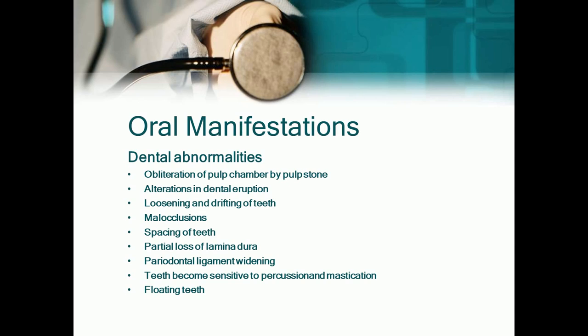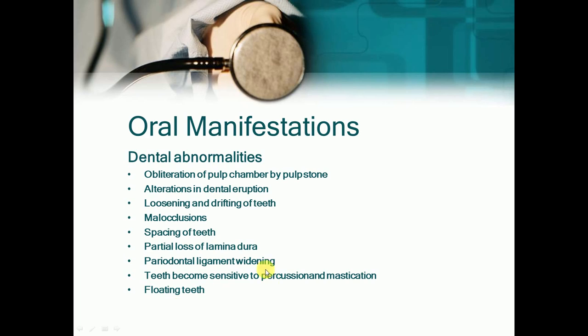Oral manifestations include dental abnormalities, like obliteration of the pulp chamber by pulp stones, alteration in dental eruptions, loosening and drifting of teeth, malocclusions, and spacing of teeth, partial loss of lamina dura, and periodontal ligament widening.